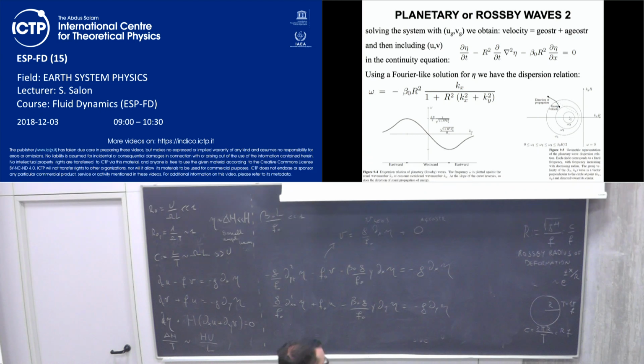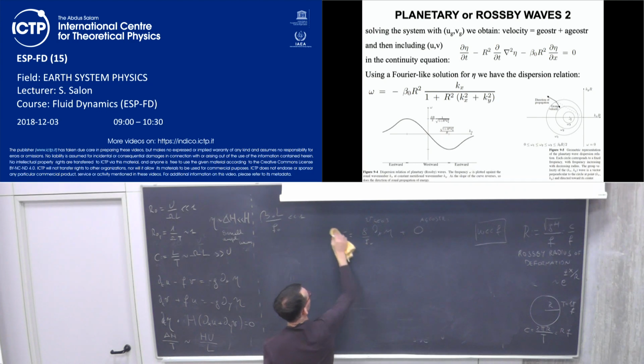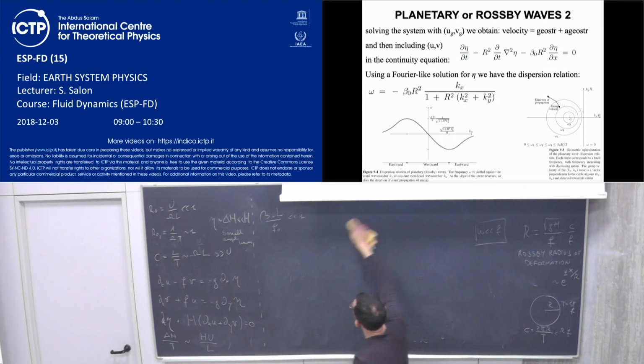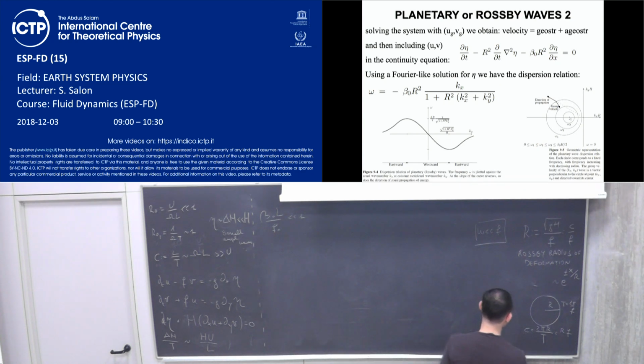So our first hypothesis was to have omega much smaller than f. This was what we asked at the beginning, no? We wanted possible solutions to our linear wave dynamic system which had omega much smaller than f, so subinertial waves.